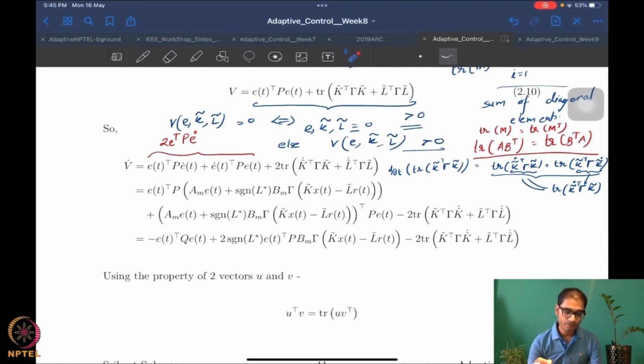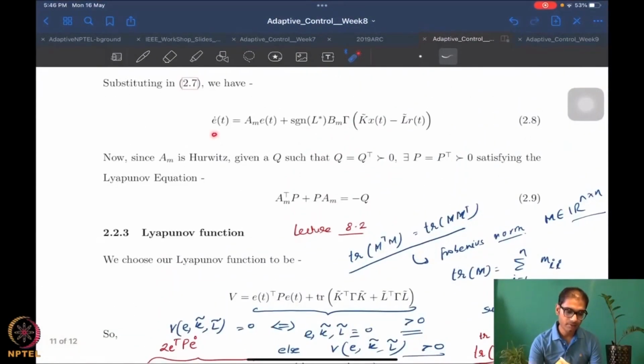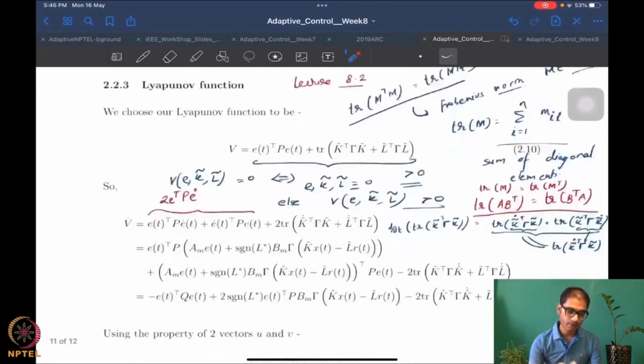Then we plug in for the closed loop dynamics E dot from here. That's what you see here.